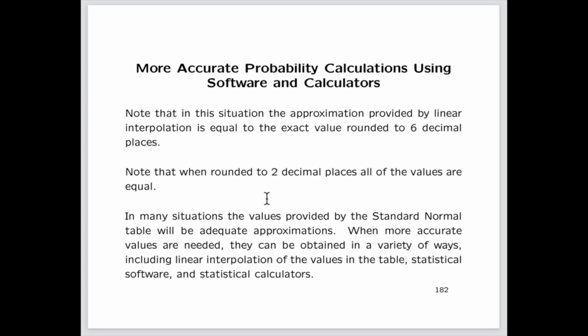And so we can just use the approach that we used, where we rounded that z value to 2 decimal places and then looked that value up in the standard normal table. But when more accurate values are needed, they can be obtained in a variety of ways. For example, linear interpolation of the values in the table, statistical software, and statistical calculators.